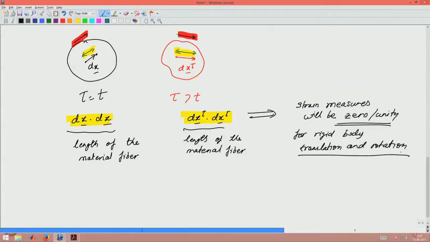And so, actually what we would like to know is how the material fiber is oriented as well as its magnitude. So, the dyadic product that we have of this kind, which is actually the orientation tensor for the material fiber dx tau, how is this related to dx, and this is the quantity that can become a strain measure.